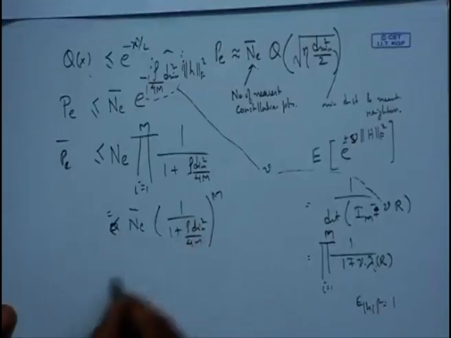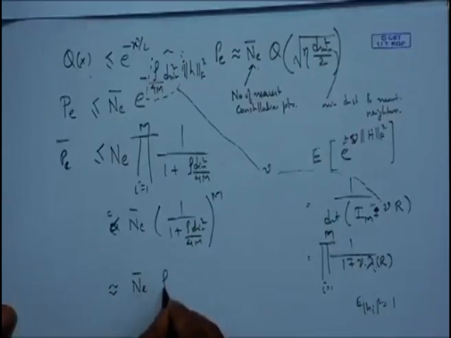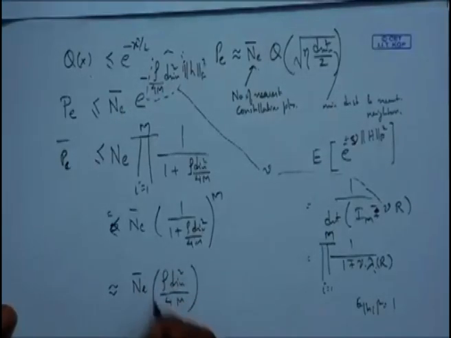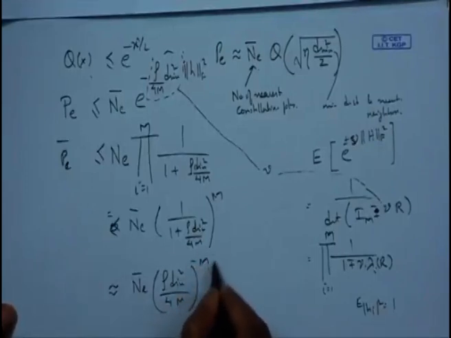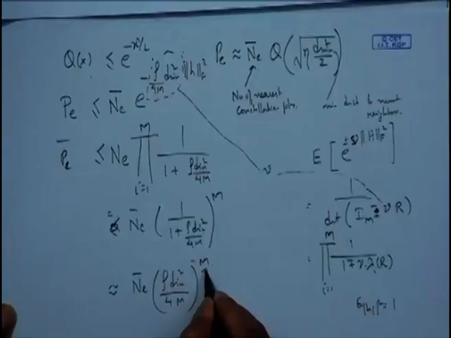And for large rho, when the SNR is large, this is approximately equal to N_e bar times rho d_min squared by 4m raised to the power of minus m. Once again you're seeing that with diversity, the error probability expression is raised to the power of m, and the error probability decreases because of these diversity branches.